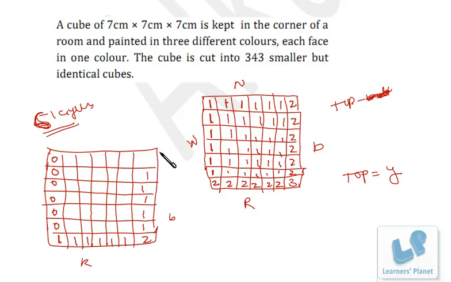Okay, in this case this edge is colored, only this edge is colored, and this edge is not colored, so 0, 0, 0, 0. And all of them are 0. Okay, so no need to write.